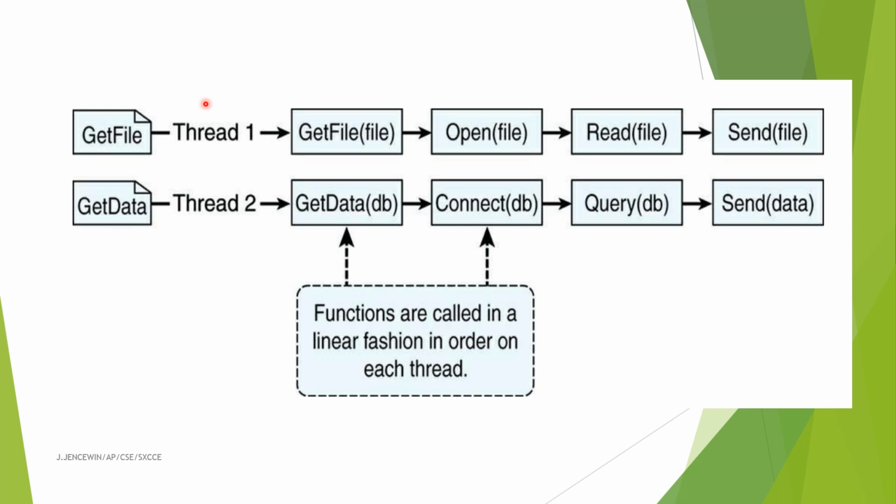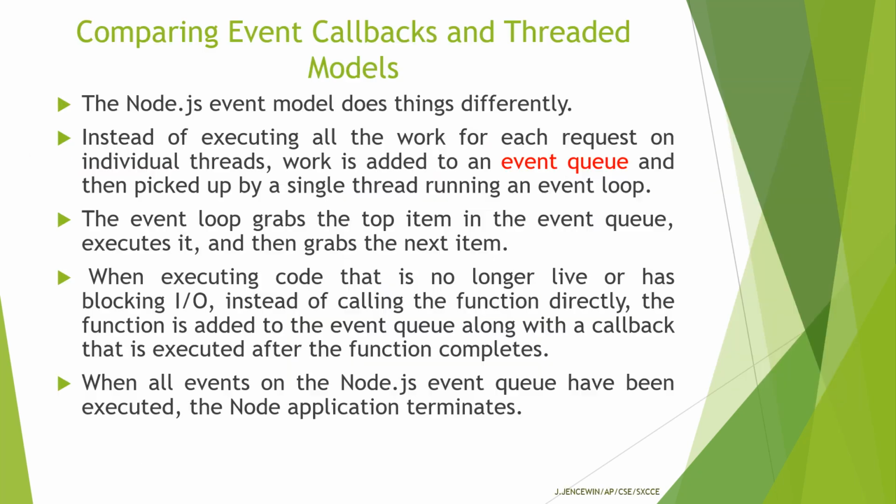This happens in the traditional multi-threaded model. Whenever a request comes, a separate thread is assigned for a particular request, and that thread is blocked with that request until the response is sent back to the client.